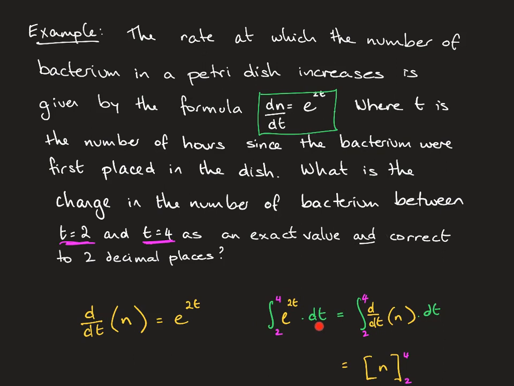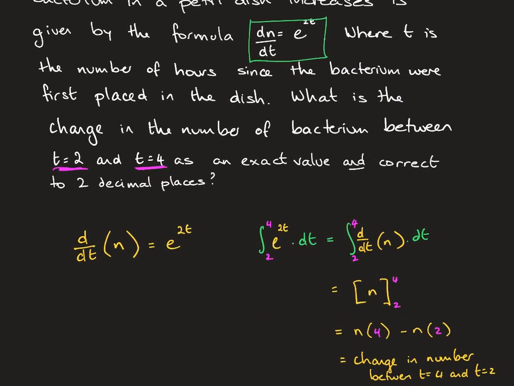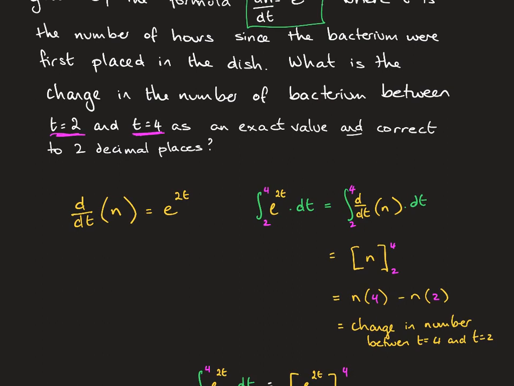When we do that integration of that derivative, that's equivalent to integrating the other side of this equation between 2 and 4. And so what that gives us is n of 4 minus n of 2, which is the change in the number of bacterium between t equals 2 and t equals 4.